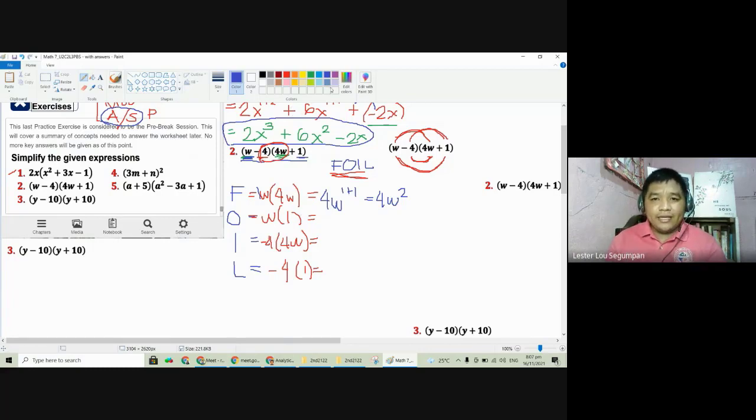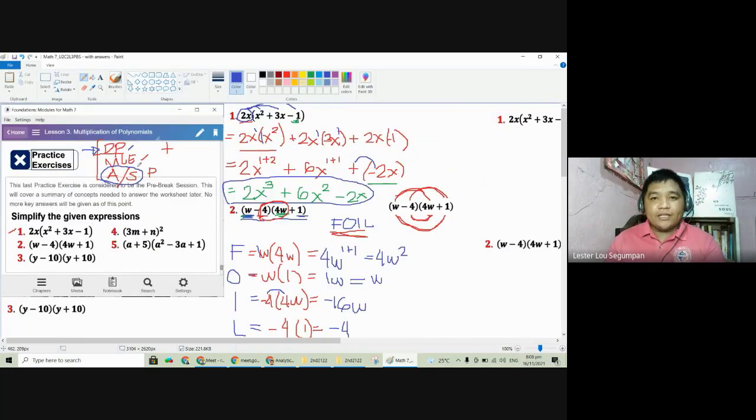So we could actually write this as 1w or just simply w. As for I, you have negative 4 times 4, you have negative 16, and you have your w. And finally, for the L, you have negative 4 times 1, negative 4. These are the results when we apply the multiplication law of exponents for number 2.